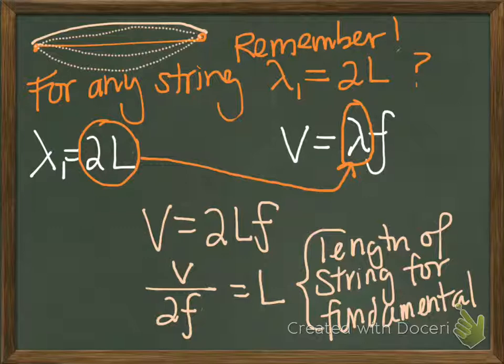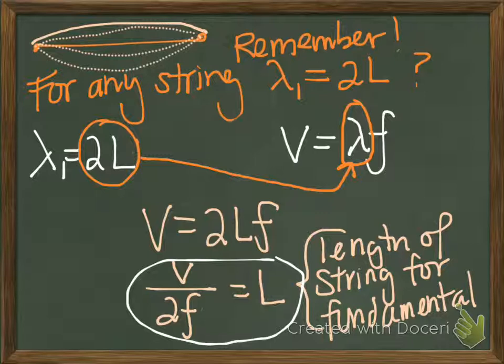And we know that for the first wave possible, lambda 1 is equal to 2 times L. We can do our favorite physics thing here: substitute in a value, then solve for L. So for any note you want to produce, you take the speed of sound in air divided by 2 times the frequency of that note, and that will get you the length of the string you need. Pretty amazing. It's a simple calculation.